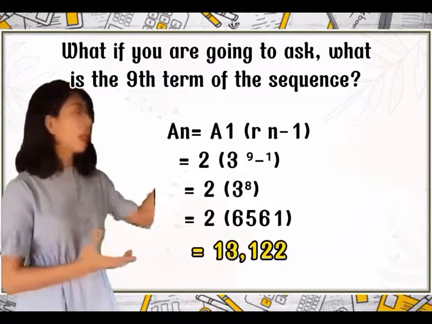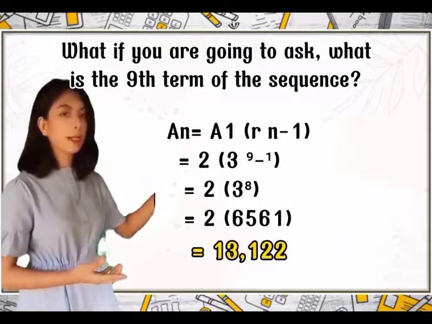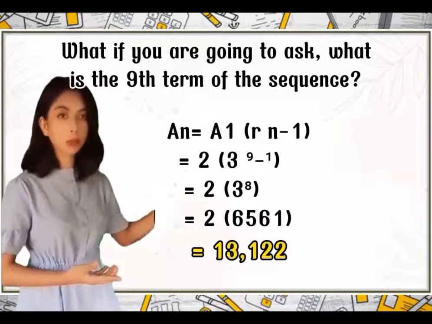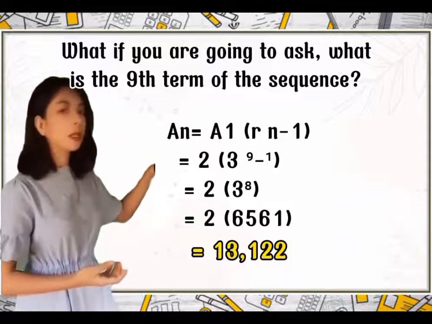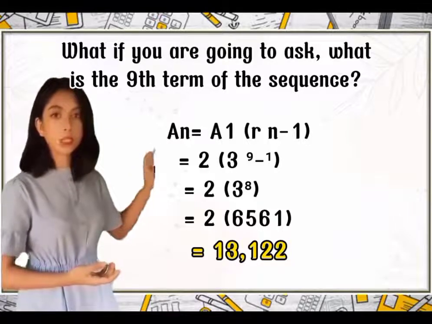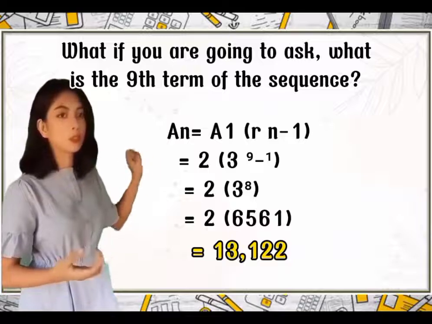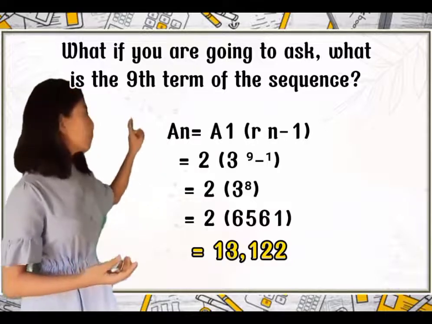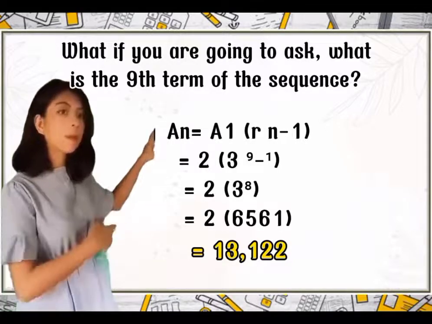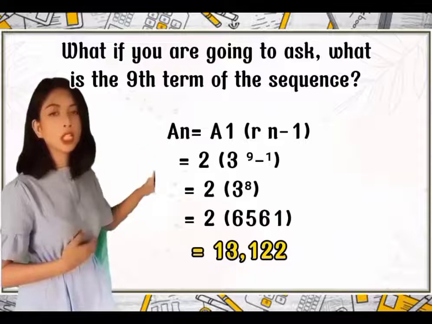The a_n is the term we are looking for, the ninth term. Then a1 is the first term, r is the common ratio, and n is the term we are looking for.